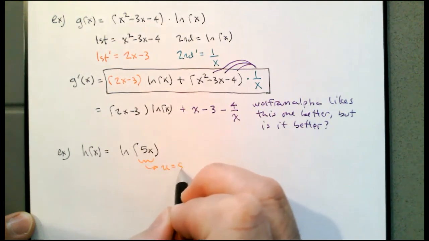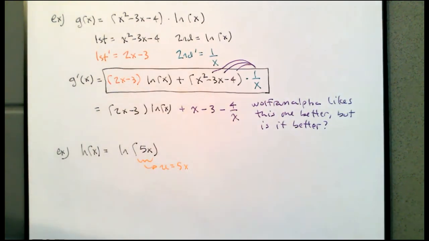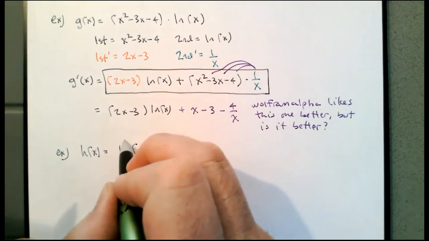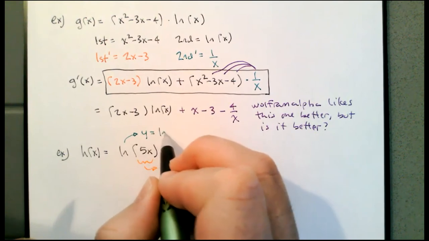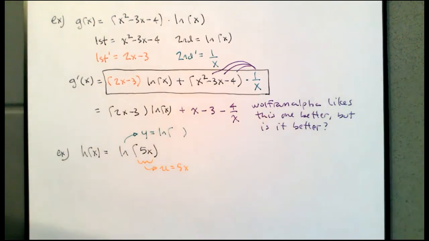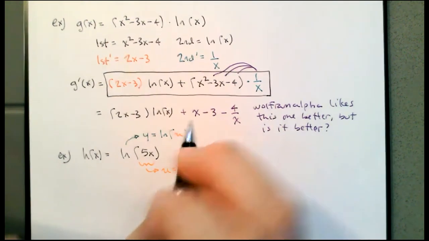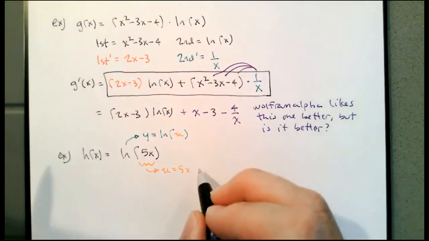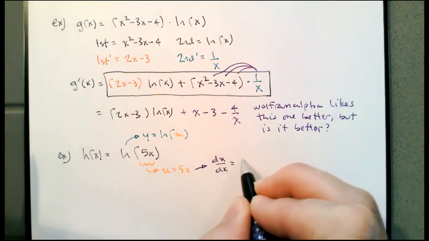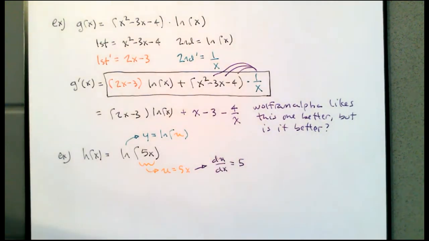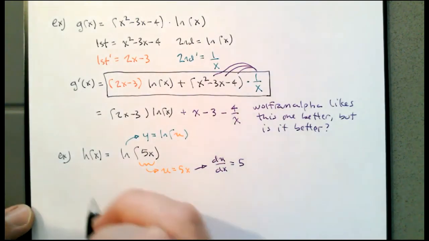So u is 5x. Our outside function is natural log. So our y function is natural log of u. And we're going to need du dx, and du dx is 5.